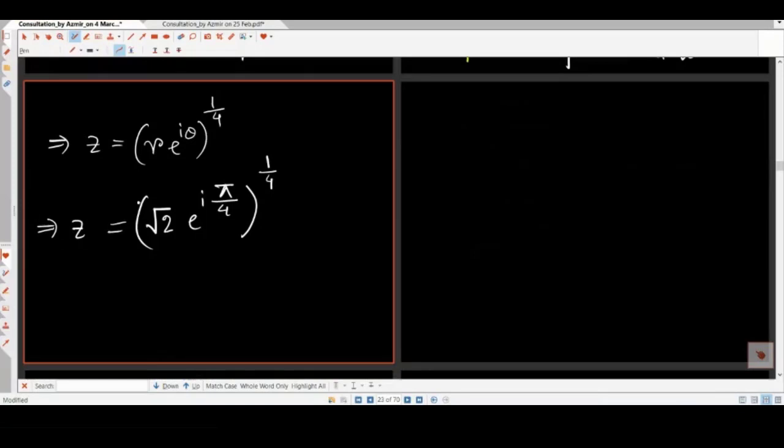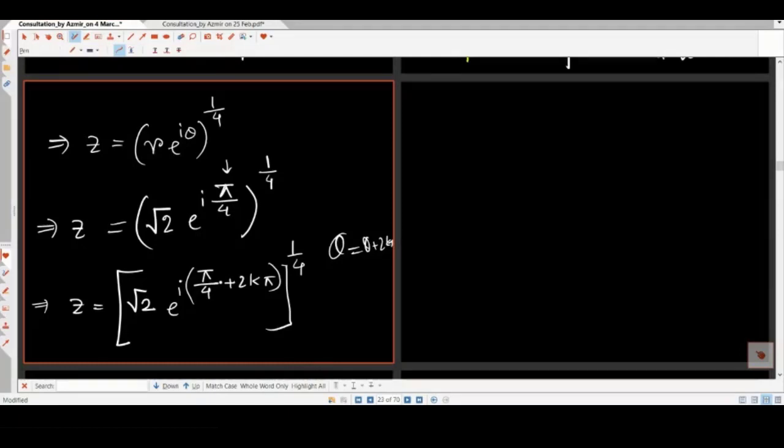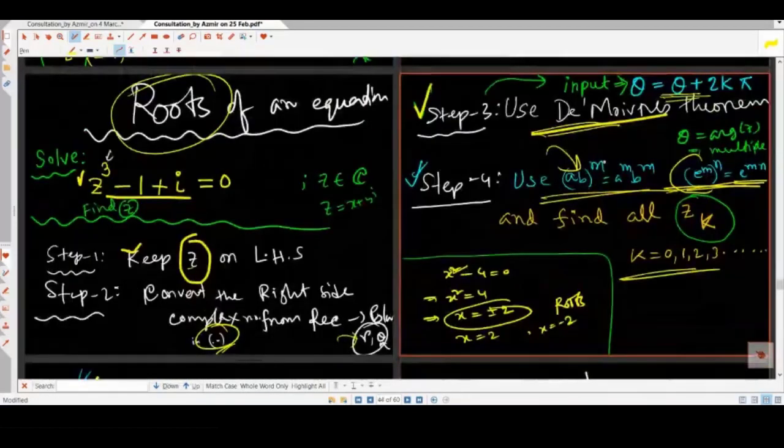Now we have to do theta equals theta plus 2k pi. So z equals root over 2 e to the power i, and this is our argument, pi over 4 plus 2k pi. And whenever we are using this concept, instead of z, let's write zk.